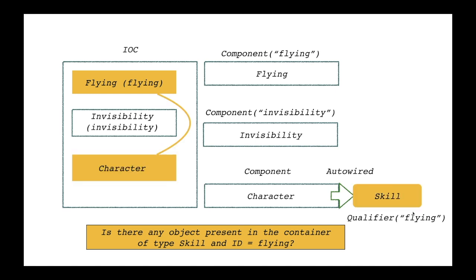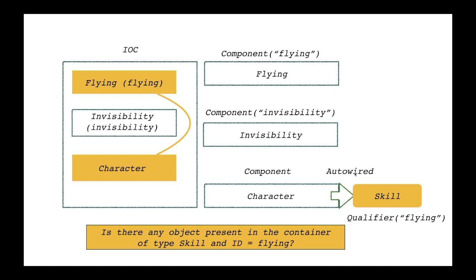After that, Spring will create the object of Character and wire the Character object with Flying. Spring not only creates objects during component scan, it also configures different objects inside the IoC container and wires them so that it understands which object depends on which other objects. So in this case, Character depends on Flying. We use the Qualifier annotation to tell Spring the ID, flying, and we also use Autowired to tell Spring there is a dependency.